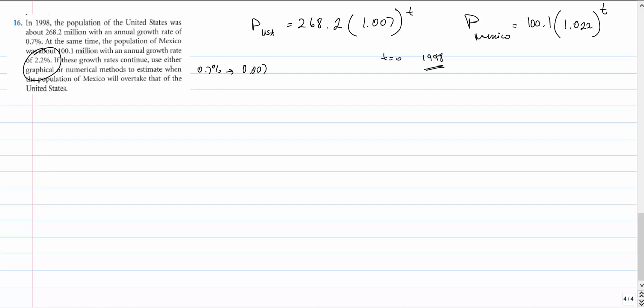If these growth rates continue, use either graphical or numerical methods to estimate when the population of Mexico will overtake that of the United States. So if I want to find it numerically, I'm going to make both functions equal to each other.